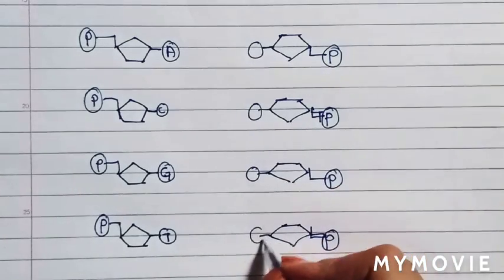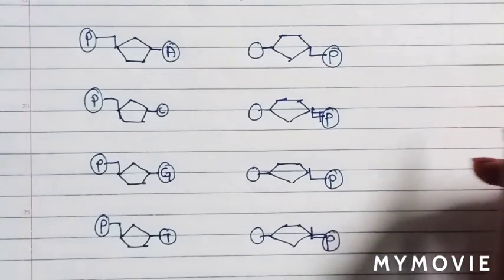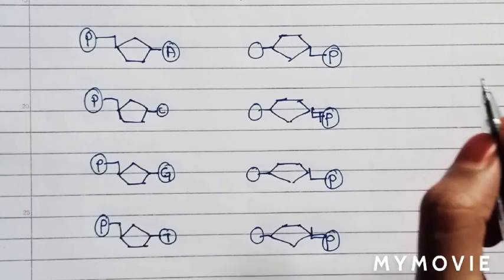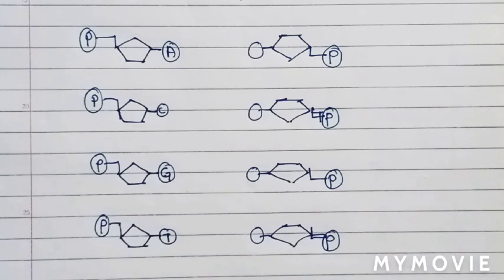According to Chargaff's rule, adenine will pair with thymine with two hydrogen bonds, and thymine will pair with adenine. He also proposed that guanine will pair with cytosine, forming three hydrogen bonds, and vice versa, cytosine will pair with guanine.